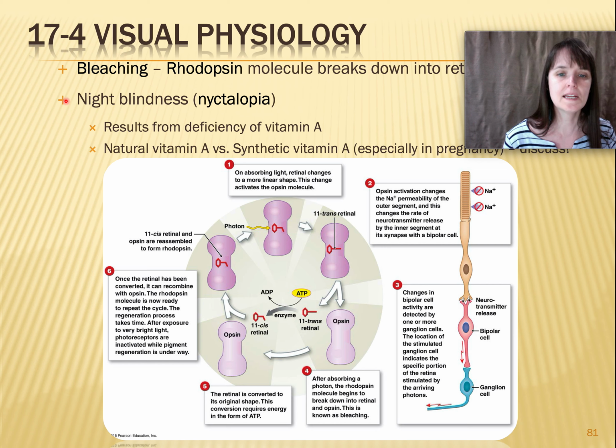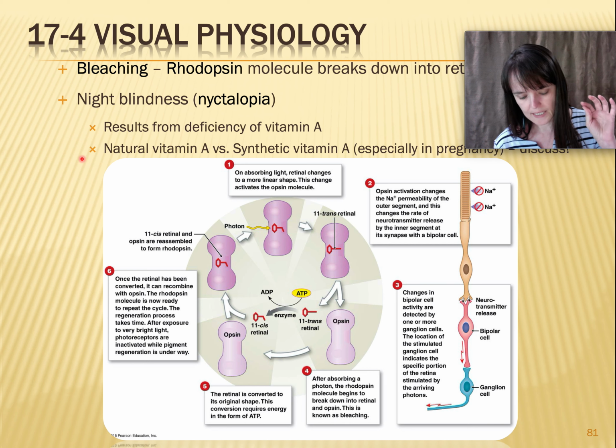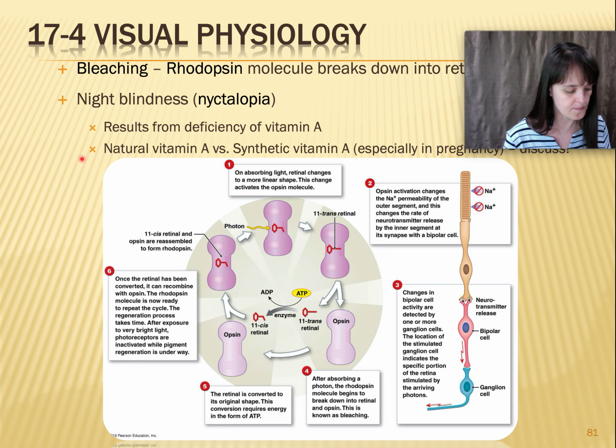And when you don't have enough retinal, which is vitamin A, to help redo the bleaching, then you get night blindness. The term for night blindness is nyctalopia, and it results from a deficiency in vitamin A. Now, we skipped why bleaching is not normally noticeable.